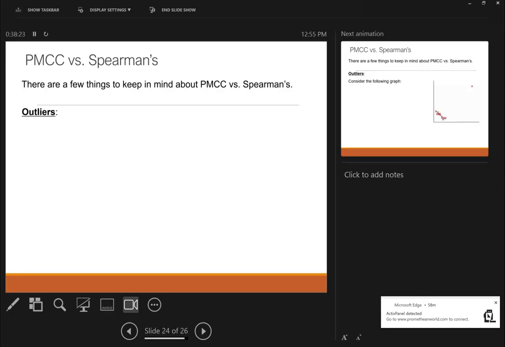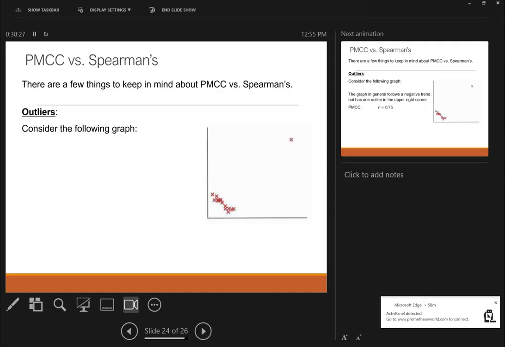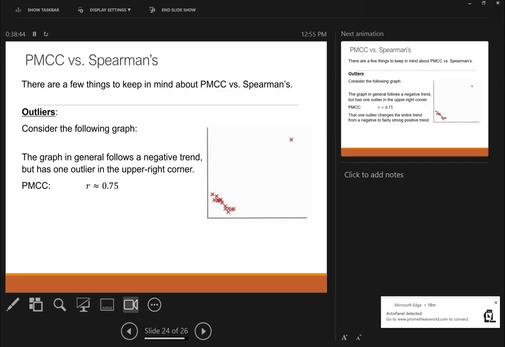So compare the two. What's the effect of an outlier going to be? Look at this data set here. If you ignore the outlier, what should the sign of the R value be for Pearson? Negative, correct? With the outlier, look at the R value we get. That's bonkers, right?